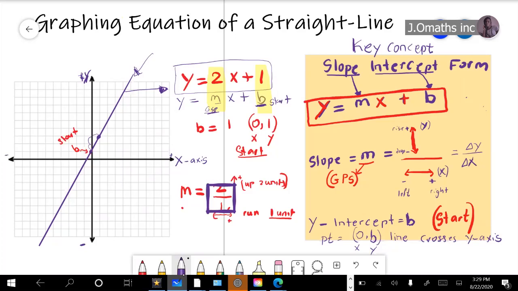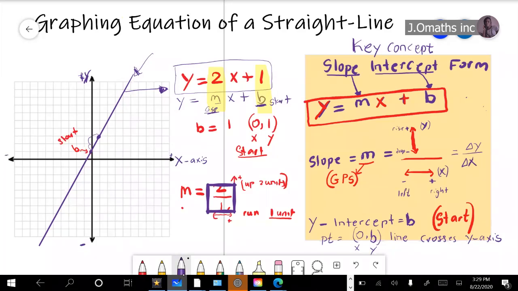Here we had a positive 2, so we were rising 2 units, while the denominator is a run to the left or the right. In this case, we're running to the right because 1 is positive, and we're running 1 unit because the denominator is 1. We start from the b, we go up 2, and we run 1.